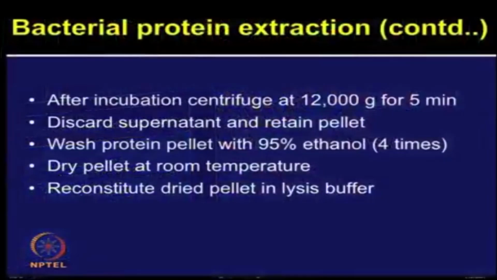Discard the supernatant after centrifugation and retain the pellet. This pellet can be washed with 95% ethanol 3 to 4 times.